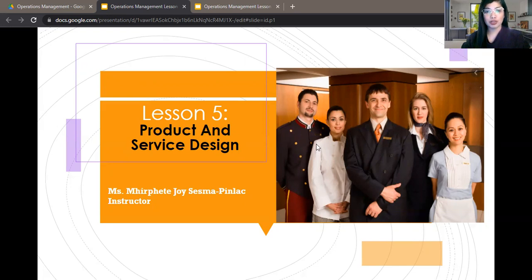A key objective for designers is to achieve a product or service design that will meet or exceed customers' expectations within cost or budget, taking into account the capabilities of the operations. Although product design and service design are similar in some aspects, a number of key differences exist between products and services that influence the way they are designed.